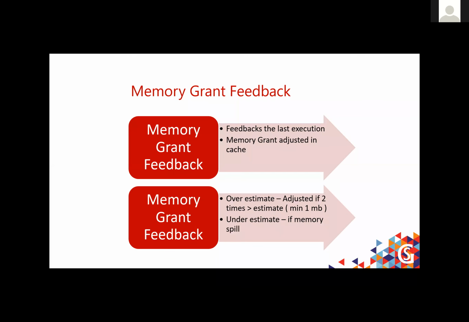How it works is, it is categorized as an overestimate if the usage was at least 50% less than what was actually granted, and then the adjustment is done. Or it is an underestimate if there is a memory spill to tempdb, and then the correction is carried out.